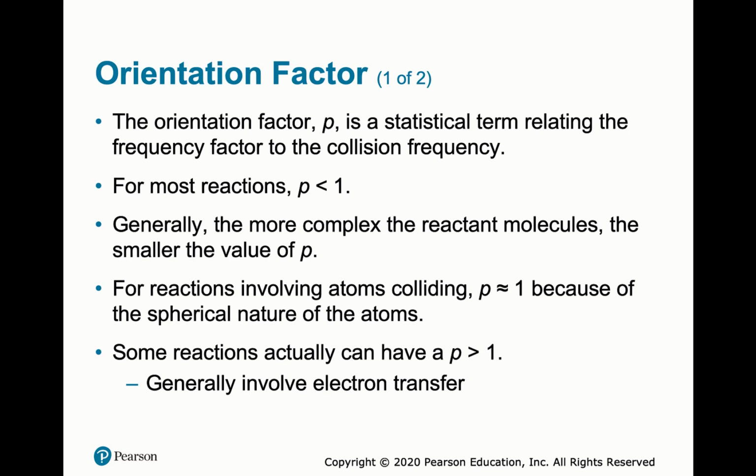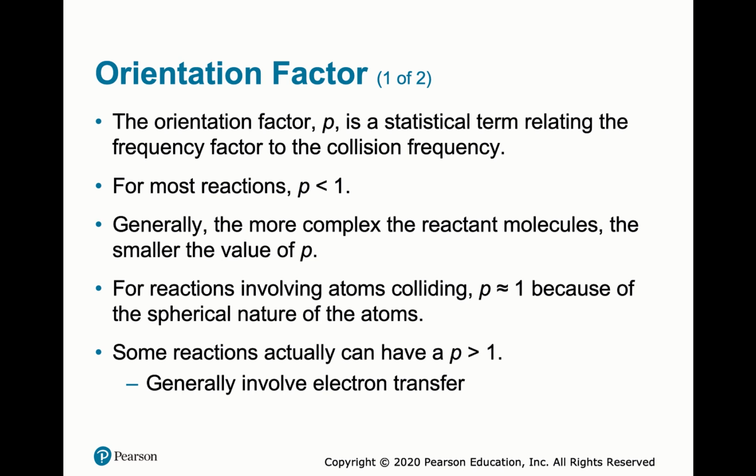So orientation factor. This is the frequency factor, related to collision frequency. For most reactions, it's less than 1. For atoms colliding, it's about 1 because they're spheres. And some reactions can have a p greater than 1 in terms of electron transfer.